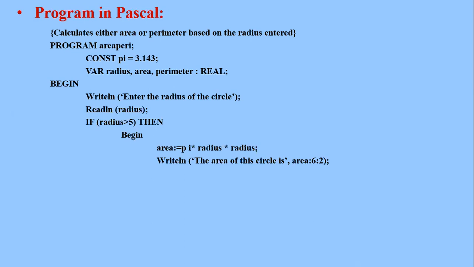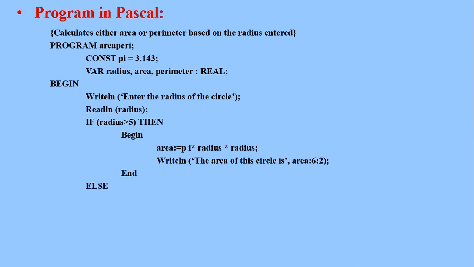Then write the following on the screen: writeln, the area of this circle is, pick the memory location called area, format it into 6 characters, and assign 2 of them to the fractional part. That means the decimal fraction should not exceed 2 digits.